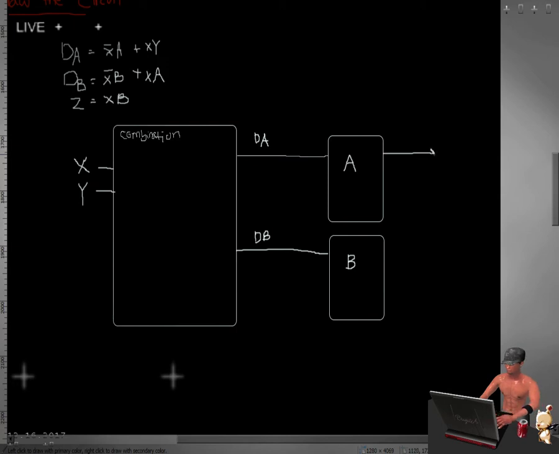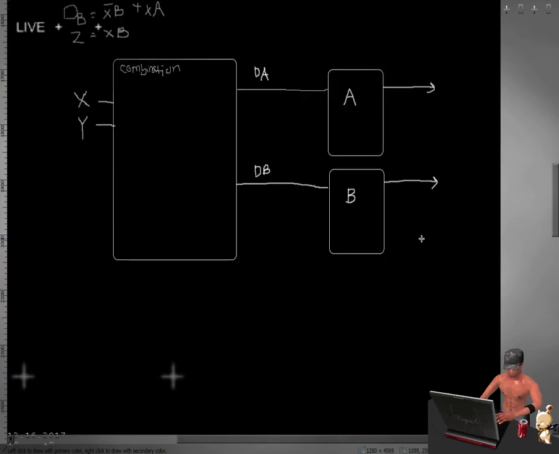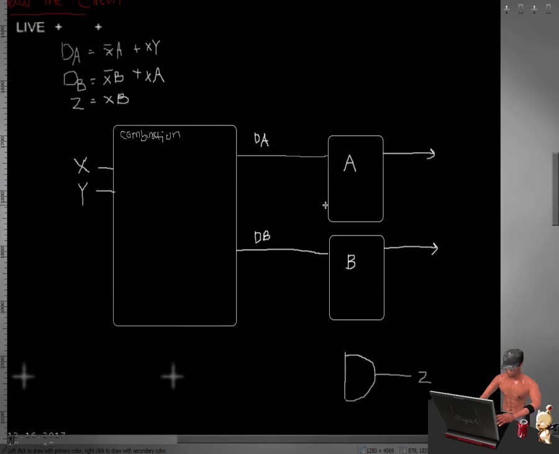This is the output. By the way, we also have an AND gate. This is Z. Oh, let me just fix that a little bit. Alright, so let's do this, guys. By the way, there is a clock in here.